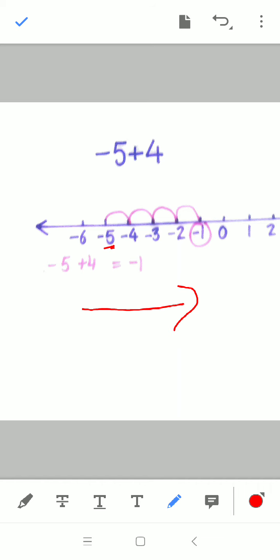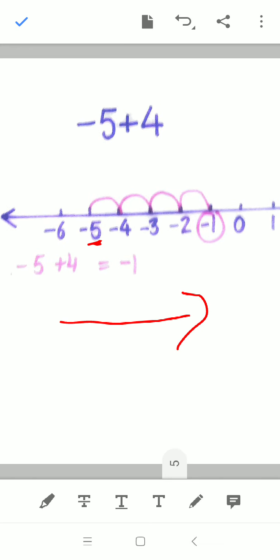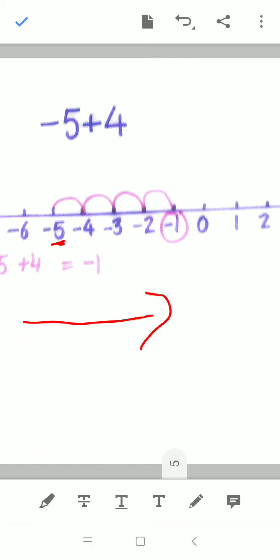Because it is positive, 4 units towards the right. You can see 1, 2, 3, 4. So we reach minus 1. Minus 1 is the answer.